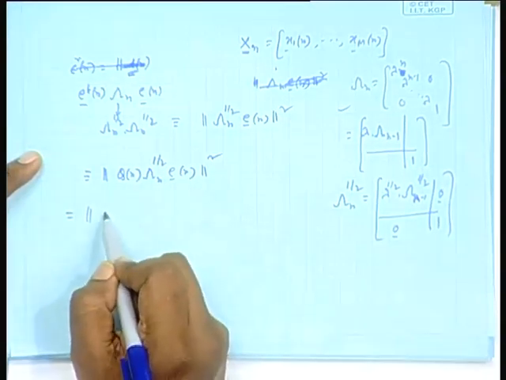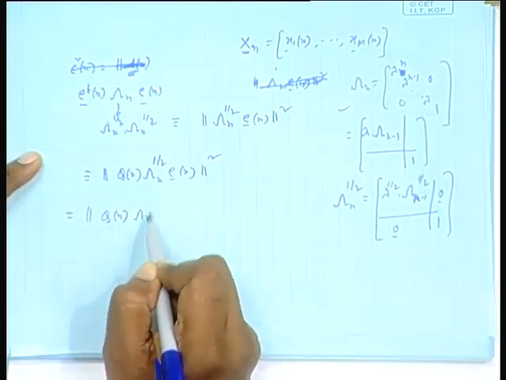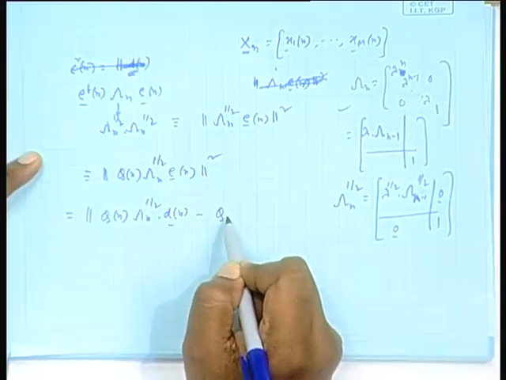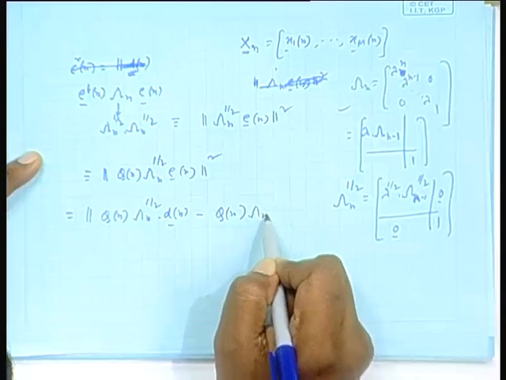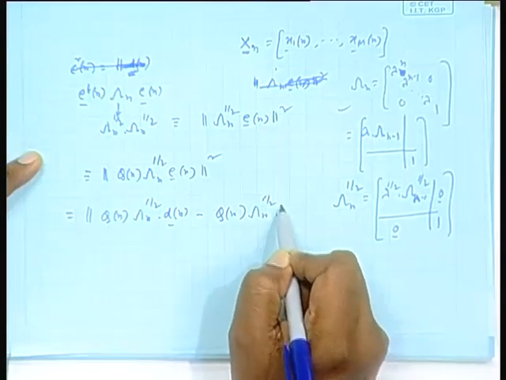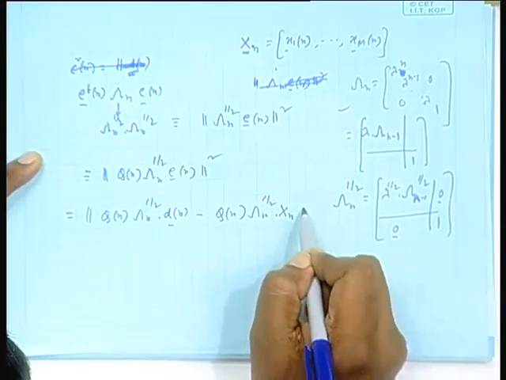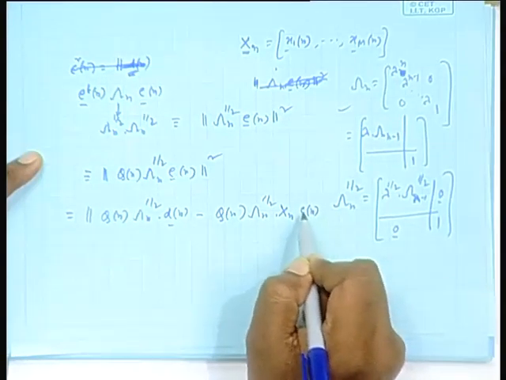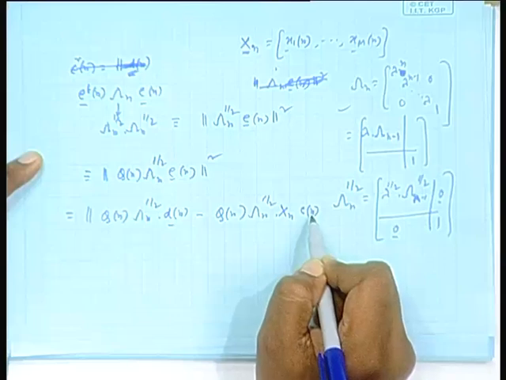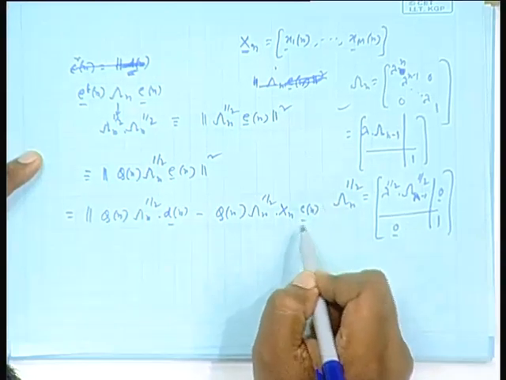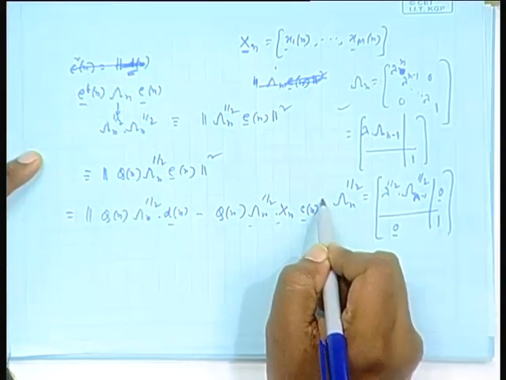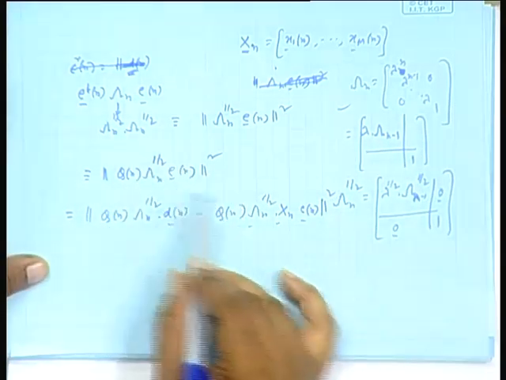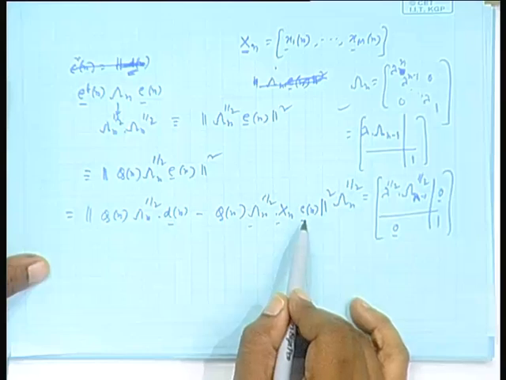You break it up, q n into this, d n minus q n, C subscript n or parenthesis n, what did I choose? This is the norm square. This is what we minimize to get the optimal coefficients, isn't it?